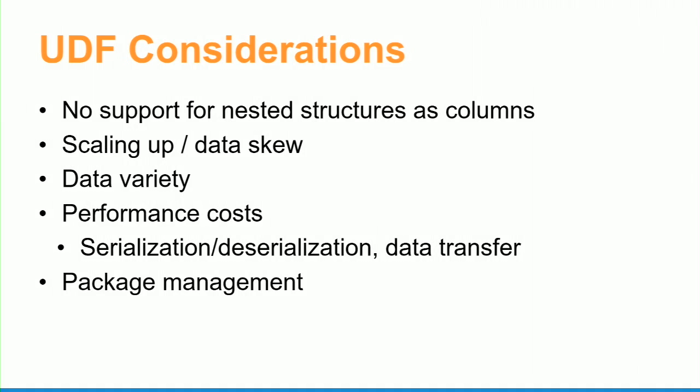So a couple of considerations. SparkR right now doesn't support nested structure. There's also one thing to be keenly aware of, which is the issue with data skew. When you group something, when you partition something, your data could be skewed towards a particular partition.